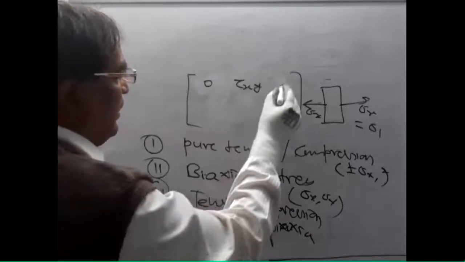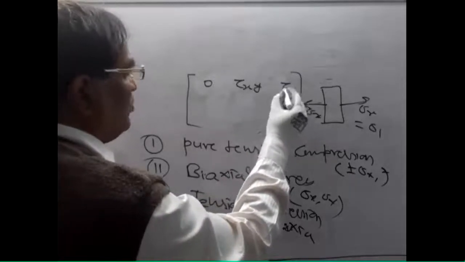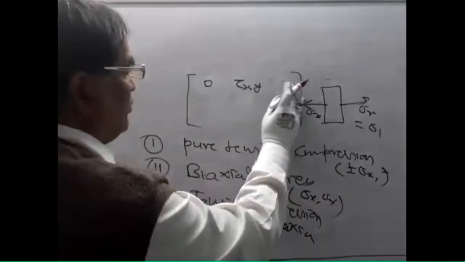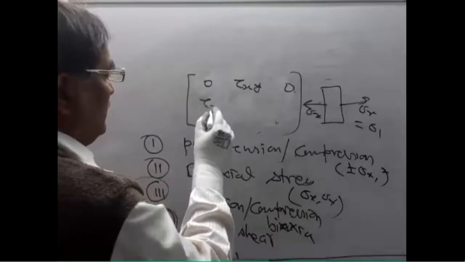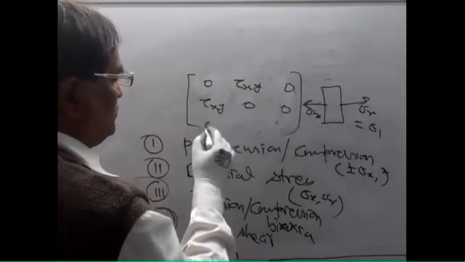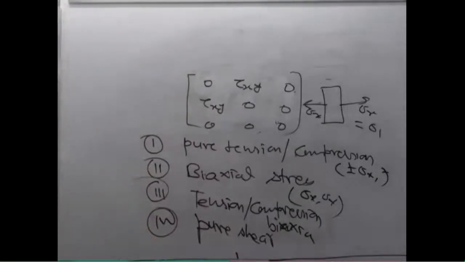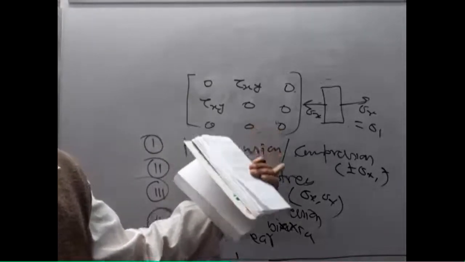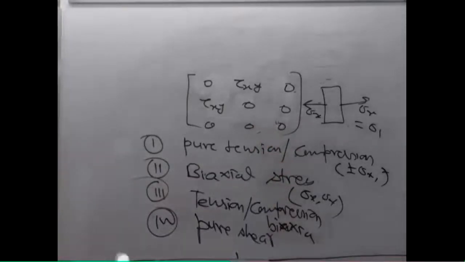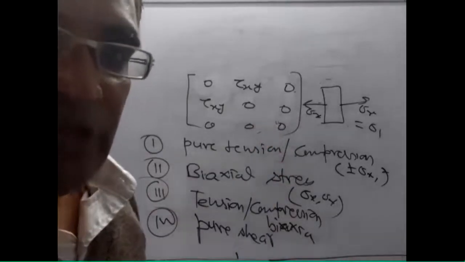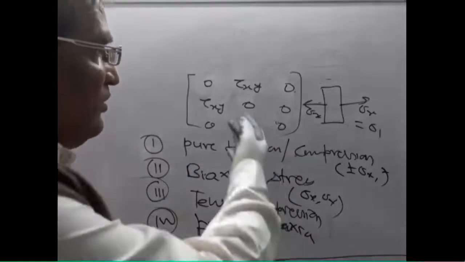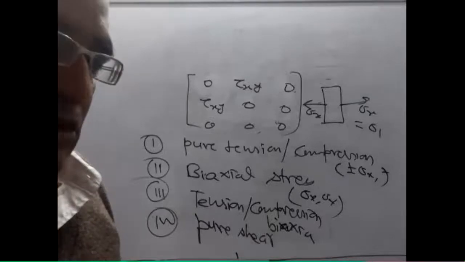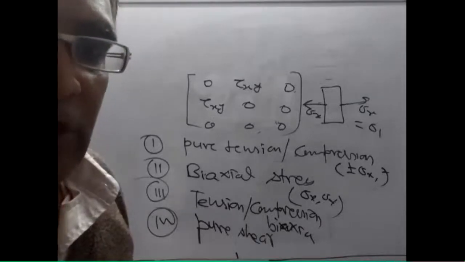We could take tau xz too, but we are dealing with two dimensions, so again you put 0 here, and tau xy, 0, 0, 0. Obviously, if you go to three-dimensional components, then you have to consider the components of shear stress. That is called pure shear, because there is no tension, and it also represents the maximum shear plane, where the magnitude of shear stress is the maximum.